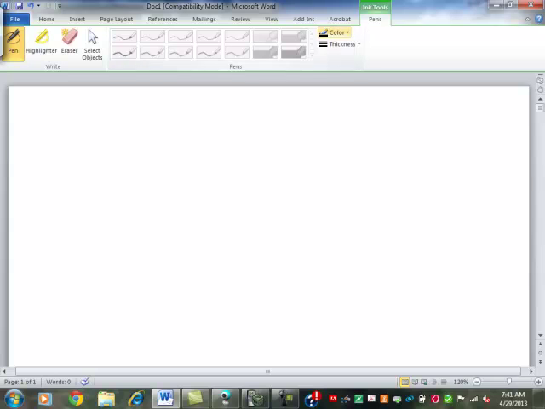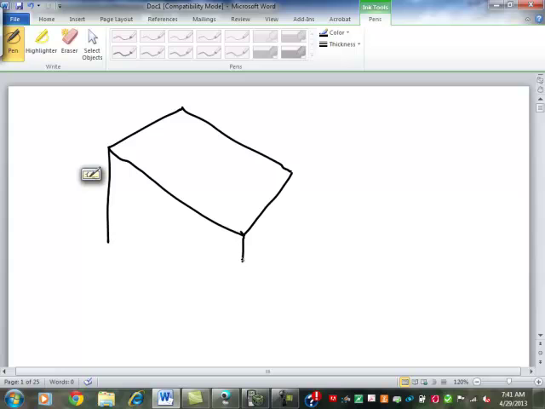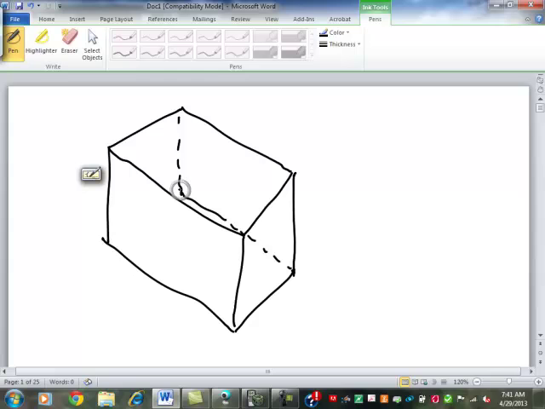What do I mean by that? Well, what we're going to look at is this. What we're doing this time is we're taking this block and we are going to cut off this surface at an angle like this.